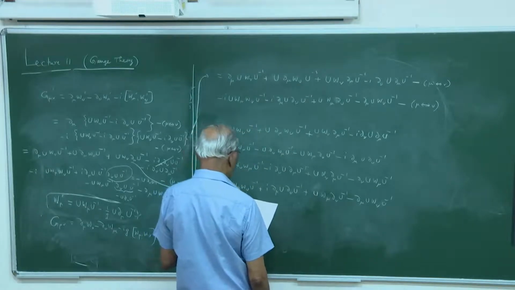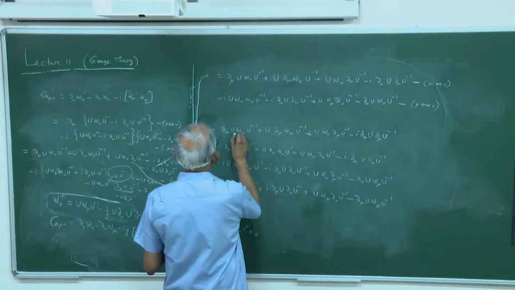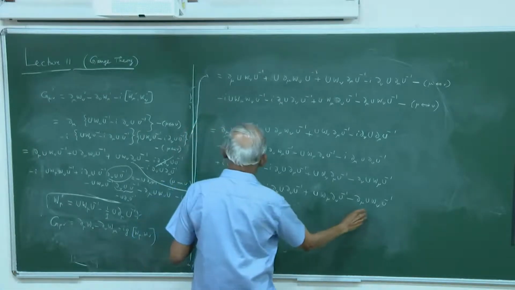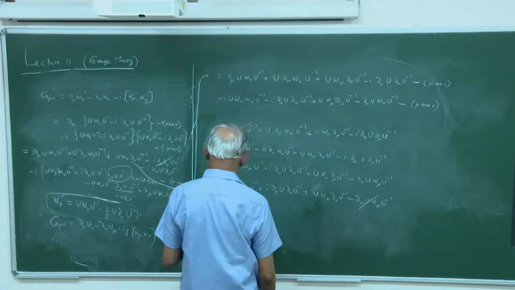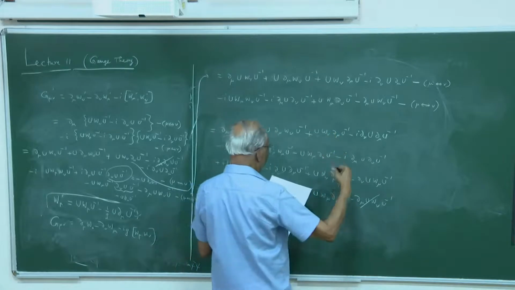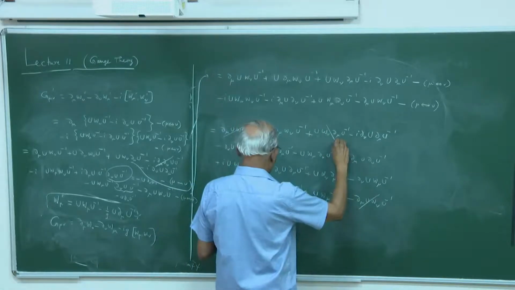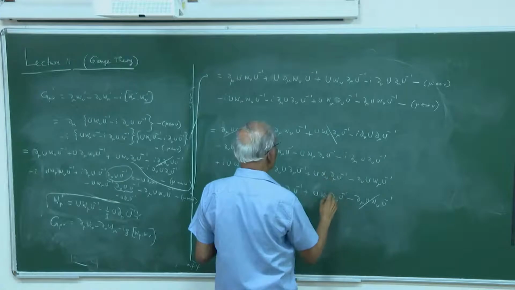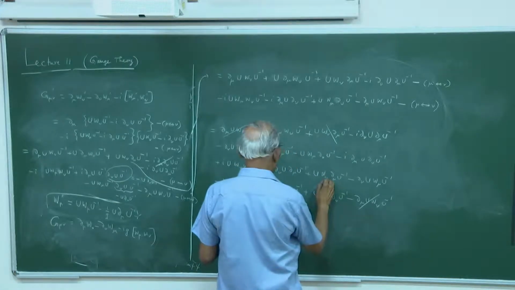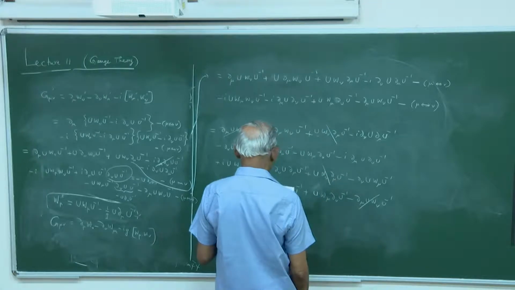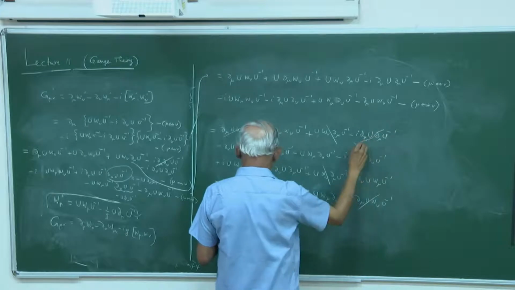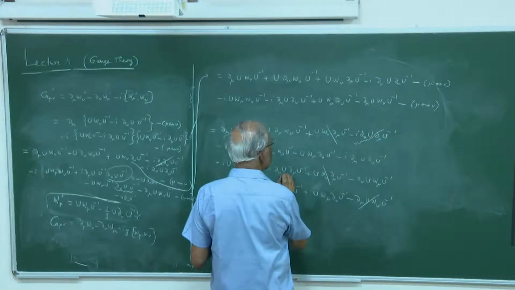And what are the things which cancel? You see, this cancels neatly with this term. And this I will use this notation by the angle at which I cross out. This cancels with this, right? Yeah, this. And this I will use this notation. This cancels with this.